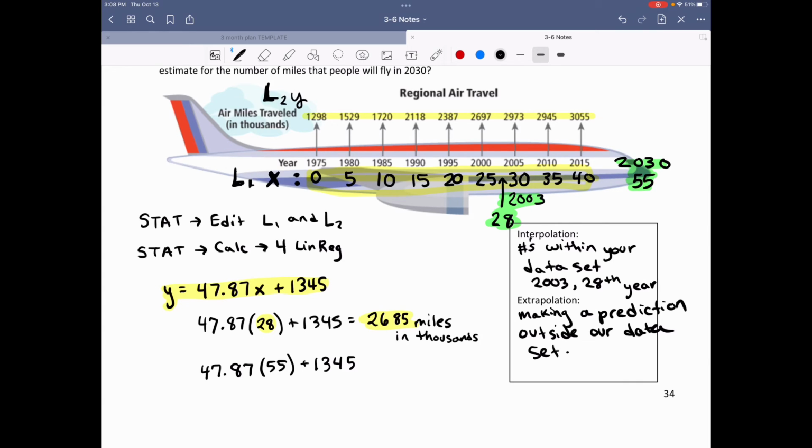47.87 times 55, enter, plus 1,345. See if you get the same thing in your calculator. 3,977.85. So I'm just going to round it up to 3,978 miles in thousands.